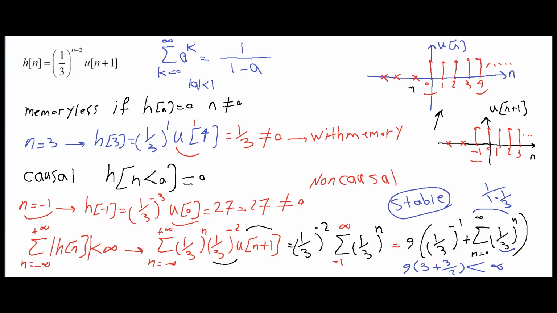Since the summation converges to a finite number, the system is stable. So in conclusion, this system is with memory, is non-causal, and is stable.